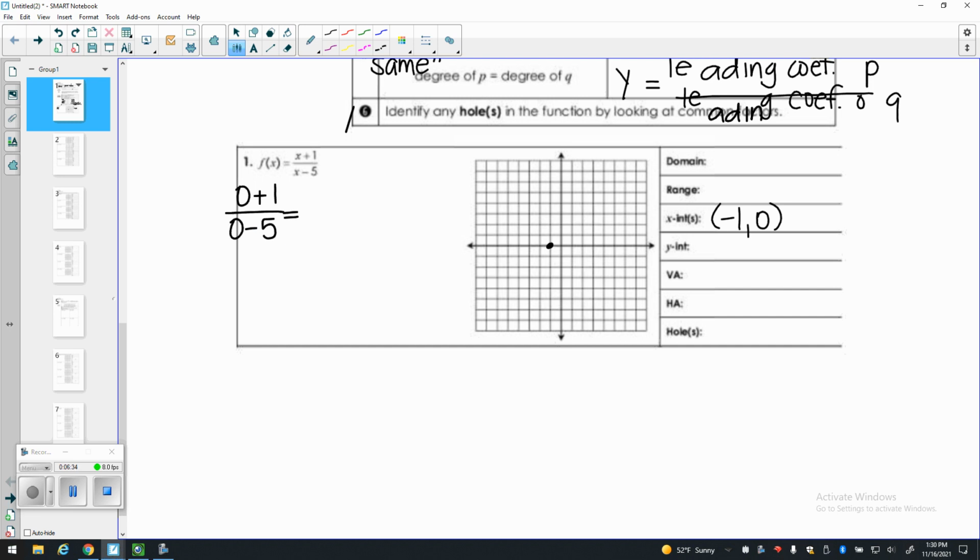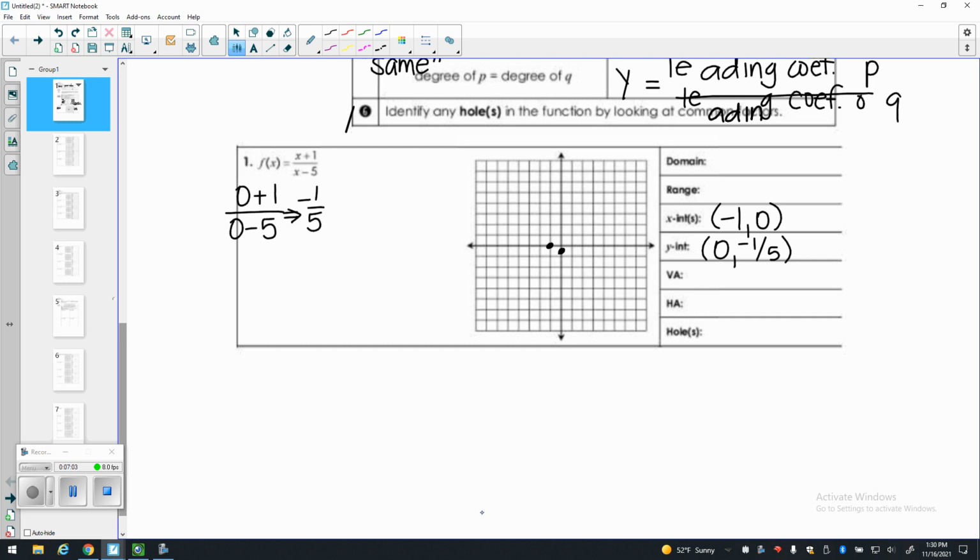So this is the same as -1/5. Agree or disagree? That's my y-intercept, 0, -1/5. It's not the easiest thing to graph. Make it as close as you can. It's just going to be really close to the x-axis. Just put it somewhere around there. It's not going to be perfect. It's close.